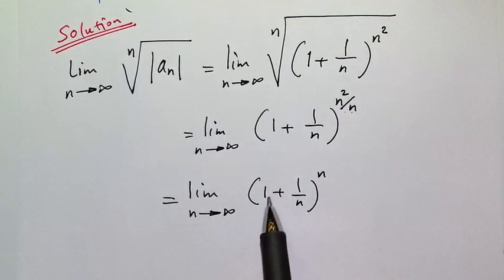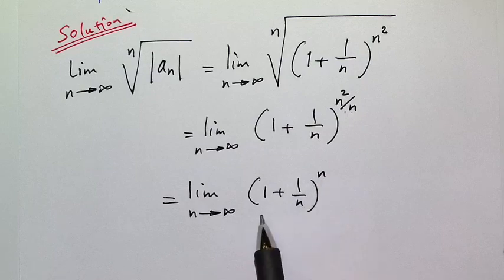So what is the limit of this expression, (1 plus 1 over n) to the nth power?